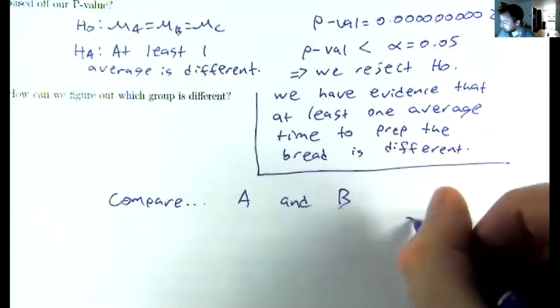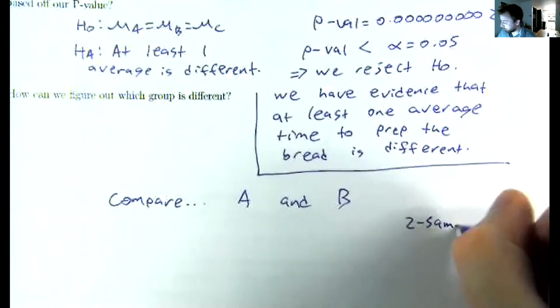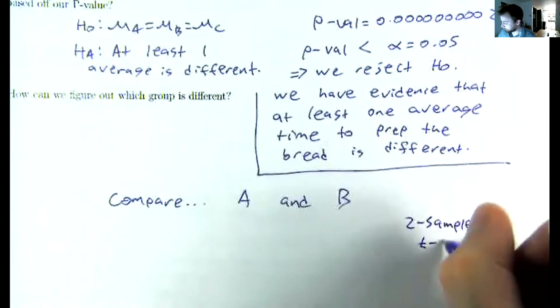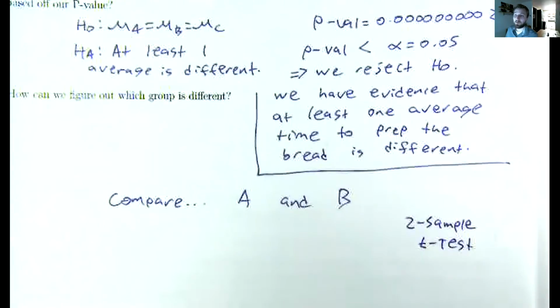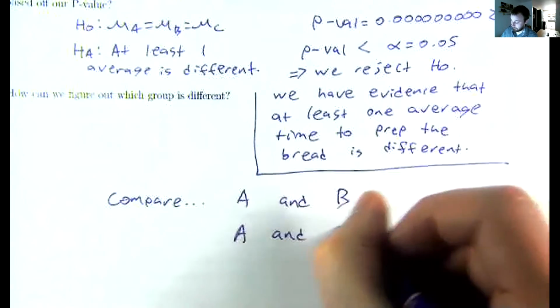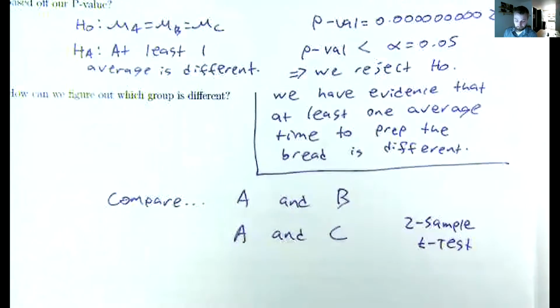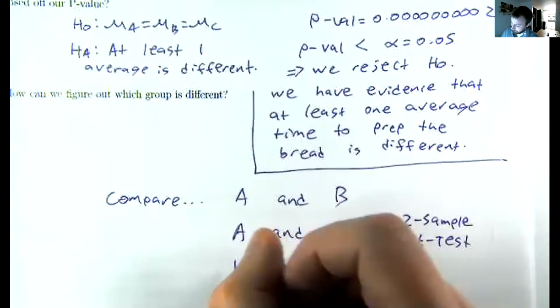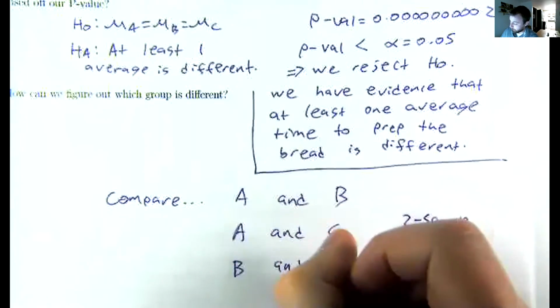And I would do this using a 2-sample t-test. I would use 2 independent averages and test to see if those were different. I would also want to check to see if A and C were different. I would also need to check and see if B and C are different.